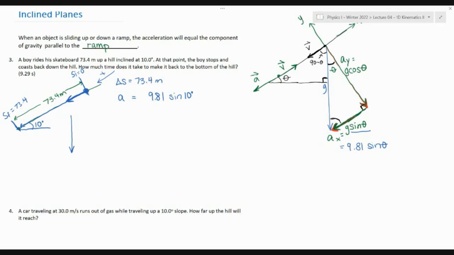But there's more variables that we know here. So we're going to keep writing them down. And then once we have them all, we'll use a kinematic equation to solve for the missing variable. So what else is it that we know?